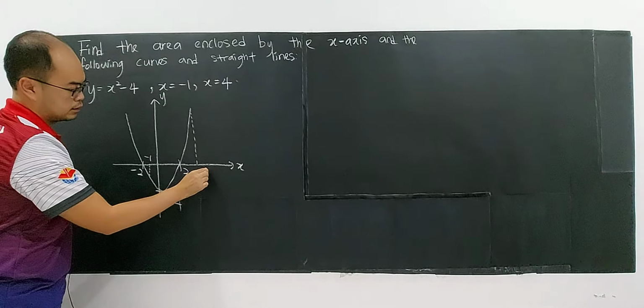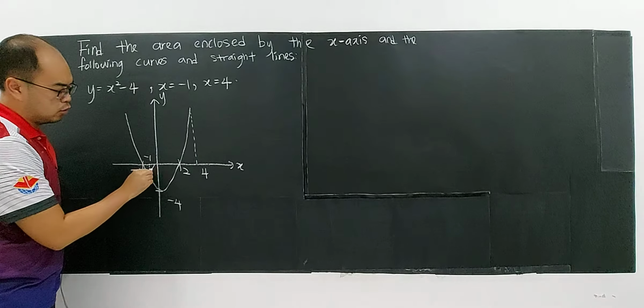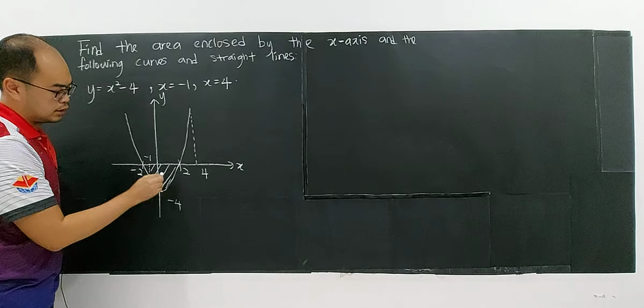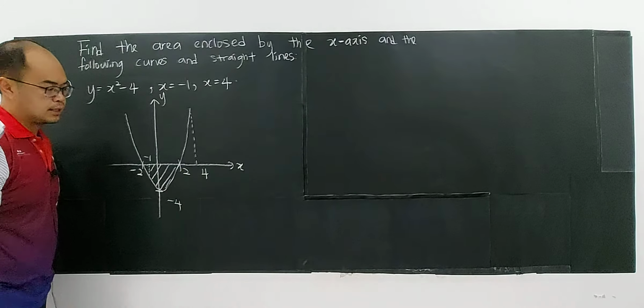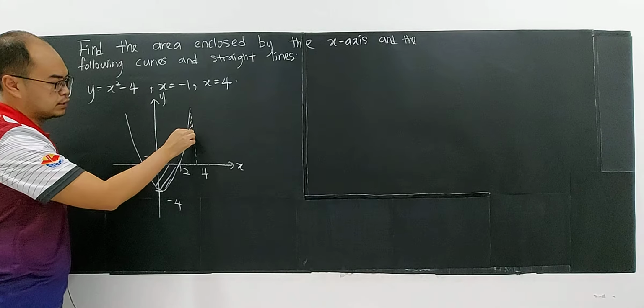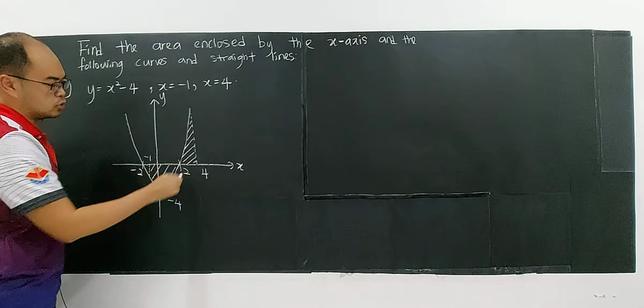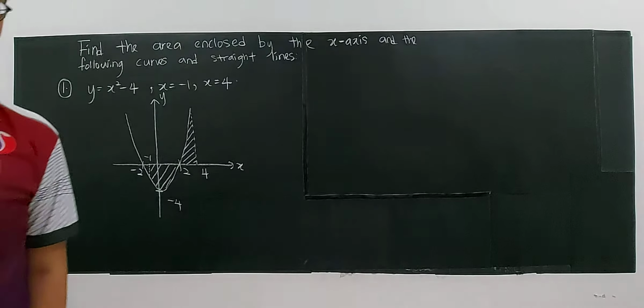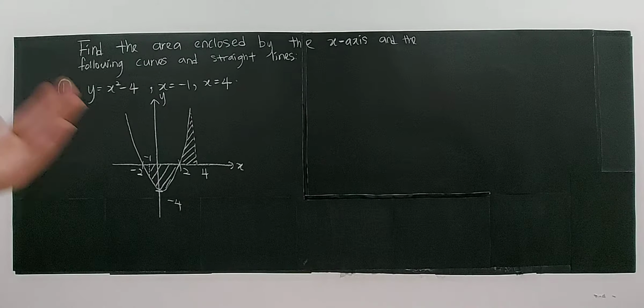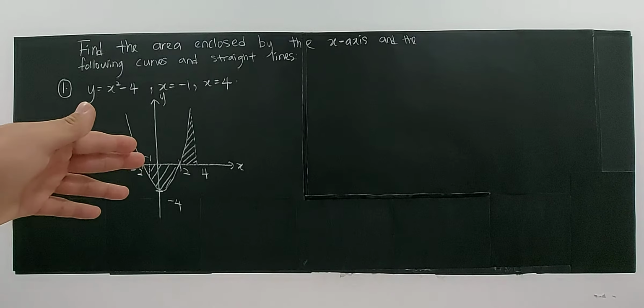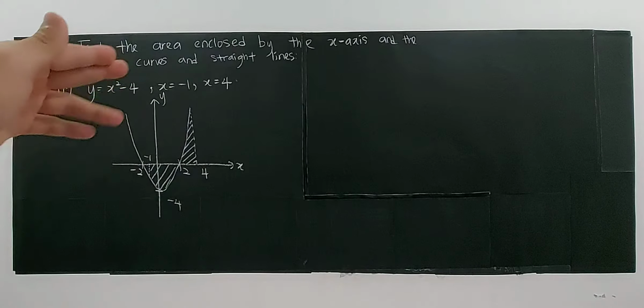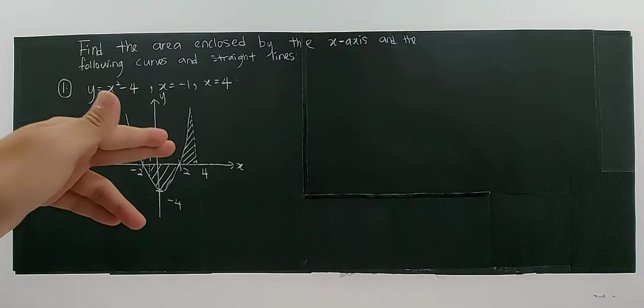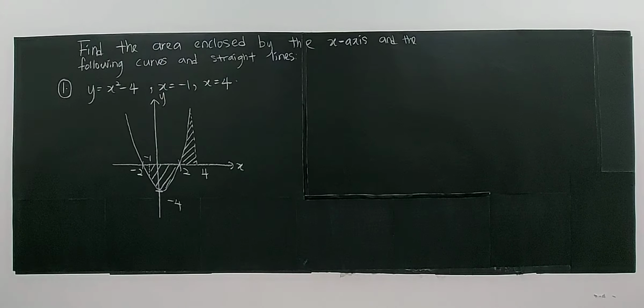So there is a region below the x-axis, and there is a region above the x-axis here. As you have learned before, when you integrate from negative 1 to 2 for this function, you get a negative value.